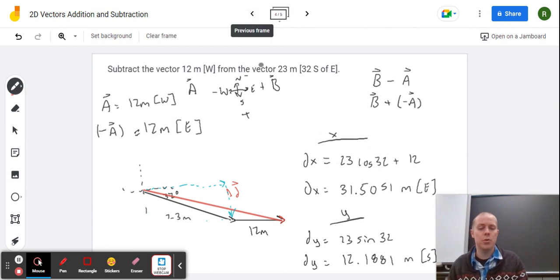Remember, when you are subtracting vectors, we don't have actual math for subtracting vectors. We add the opposite vector. So we add the vector going in the opposite direction. So b minus a is really b plus the negative of a. Okay? So hopefully that was helpful. I'll also include these slides so that you can take a look at them as well.